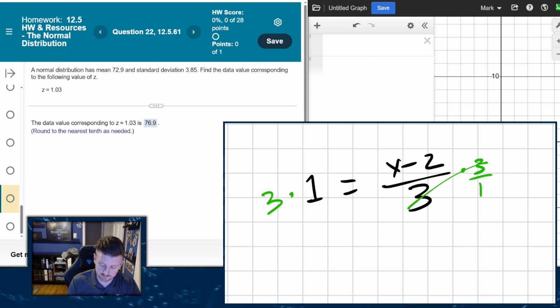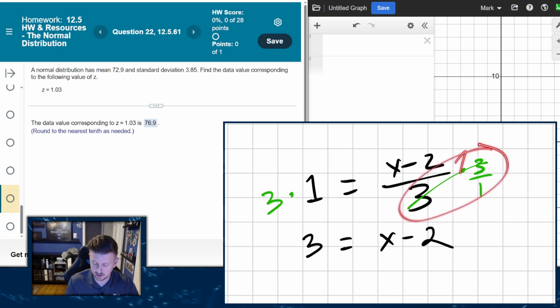I can do this because I'm solving an equation, so I'm multiplying both sides by the same thing, which keeps everything balanced. So multiply both sides by 3, and then I have left on the left side just 3 times 1, which is 3, and then I have x minus 2 on the right-hand side. Just to be clear, this 3 divided by 3 became a 1. 1 times x minus 2 is now just x minus 2.